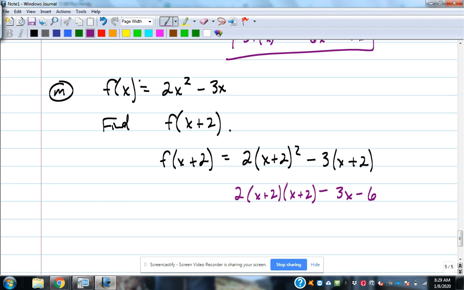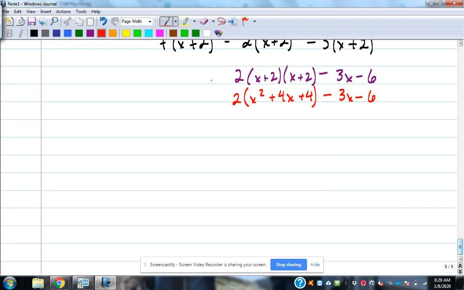So I'm multiplying x plus 2 times x plus 2. So that's going to be x squared plus 4x plus 4. And then multiply that answer by 2. So it's going to be 2x squared plus 8x plus 8 minus 3x minus 6.